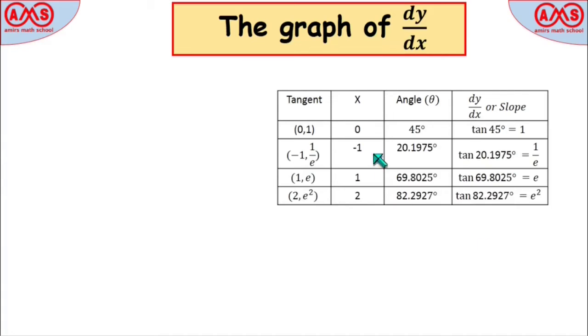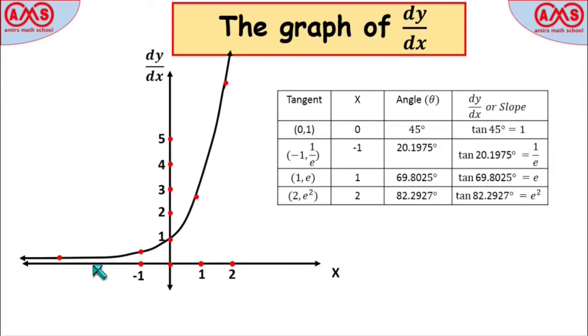So let's see the graph taking this x value and the dy by dx value. Along the x-axis the value of x, and along this vertical axis the value of dy by dx, that is the value of slope of tangent. When x equals 0, the value of the slope of tangent, dy by dx, is 1.